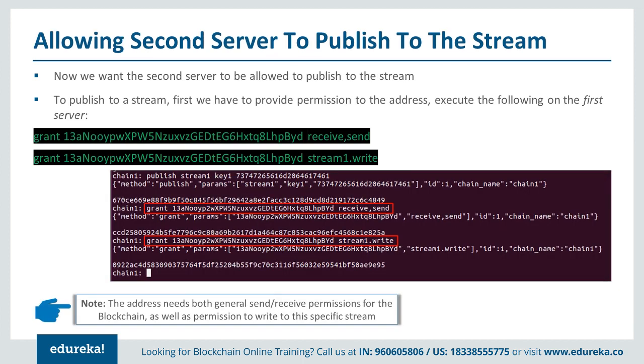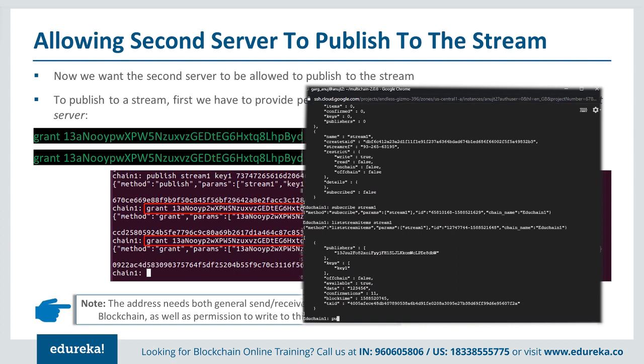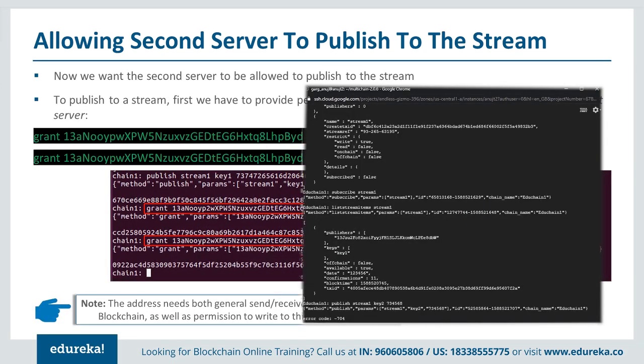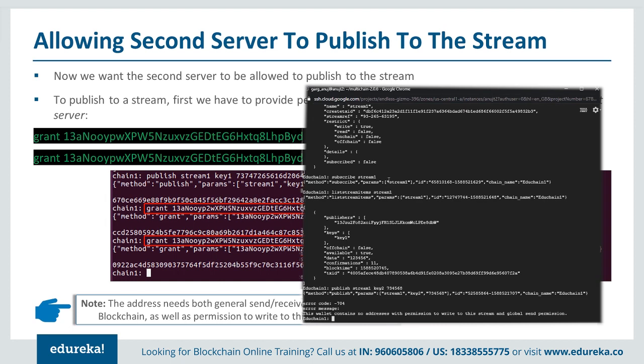Now, if they want to use this stream and publish any data to it, they cannot publish unless you give the explicit permission. For example, if my second server says publish stream1, key2, any value, say 7, 3, 3, 4, 6, it will not work.